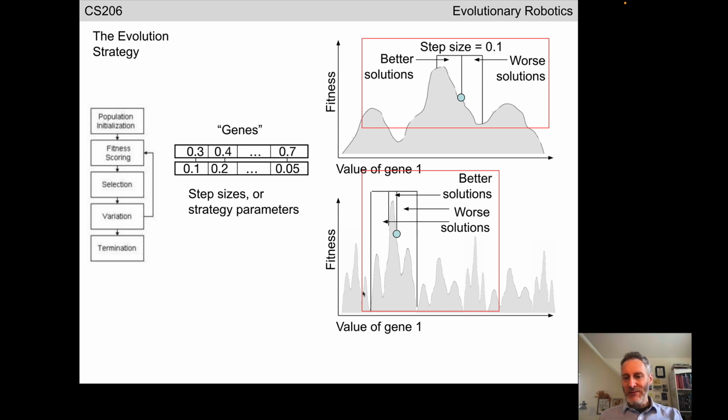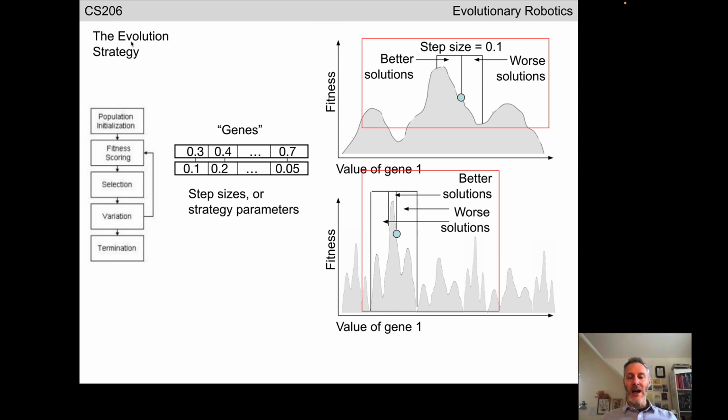Remember that we don't know what the fitness landscape looks like beforehand, so it's very difficult to know what the step size should be. And it might be that the step size should be a particular value in particular parts of the space, and different in other parts of the space.